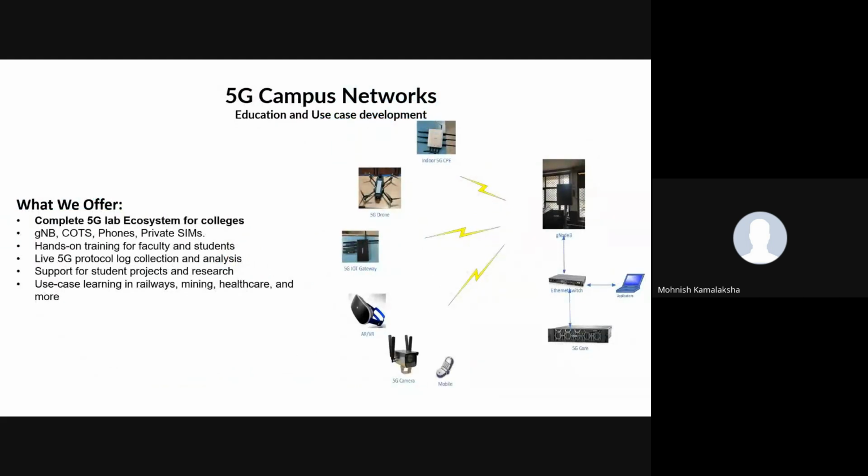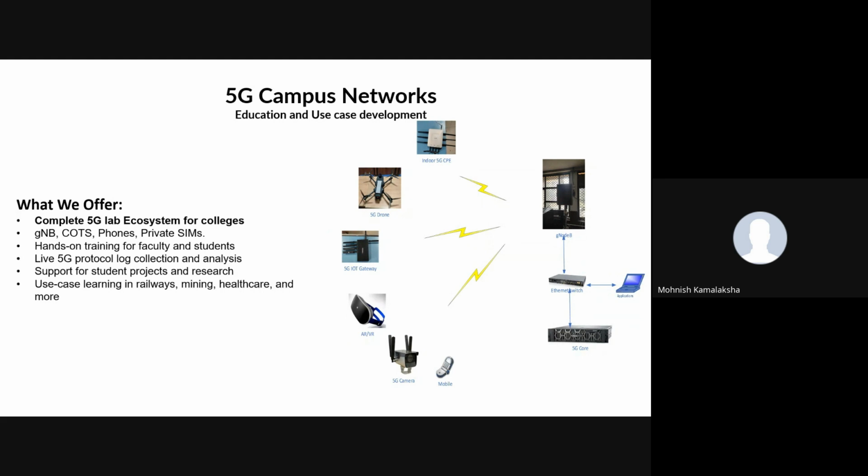So yeah, just a little brief about what Make My Technology does and where we have pivoted ourselves towards colleges. We are an end-to-end 5G deployment company, which works hand in hand with engineering colleges and research departments in the 5G and 6G era, right?